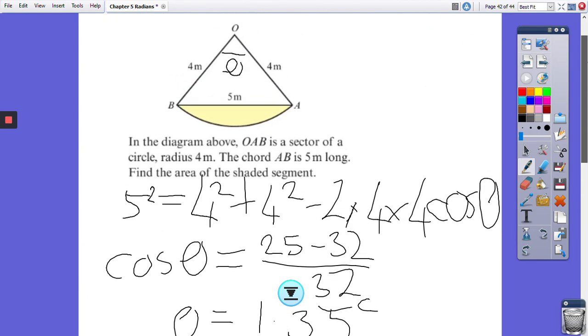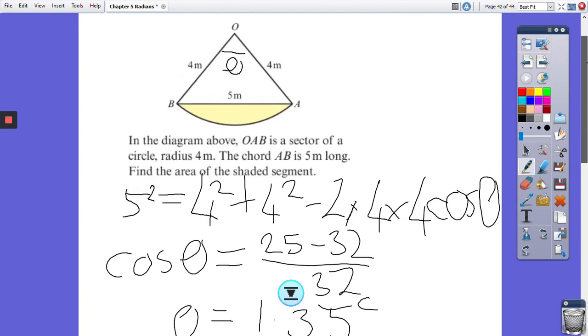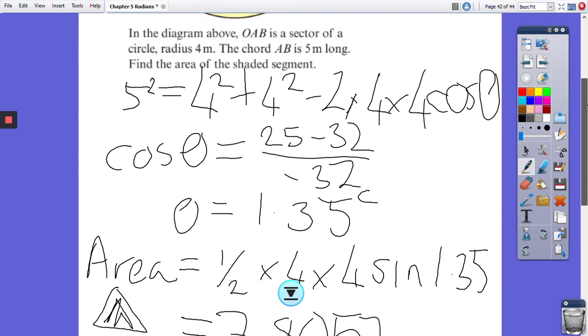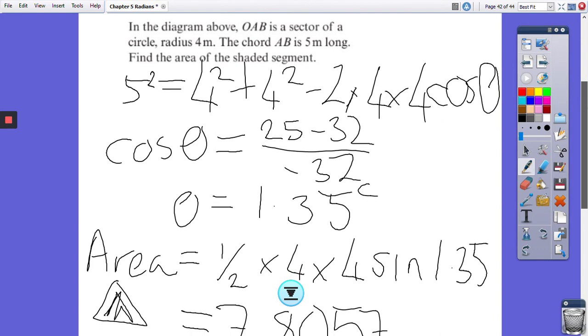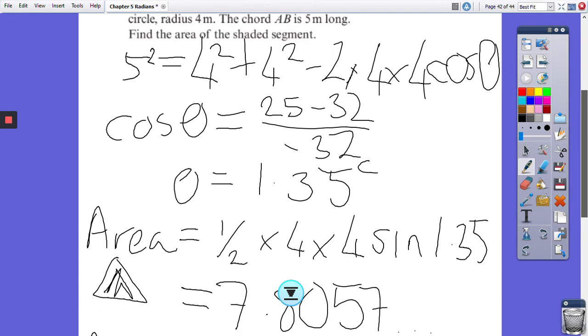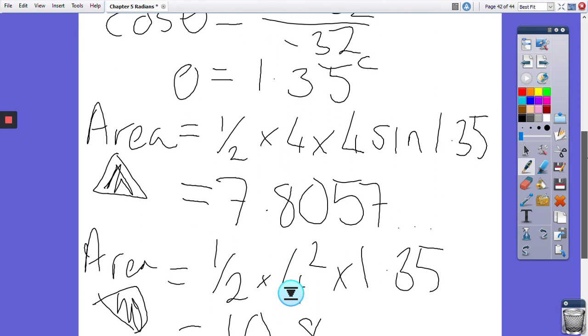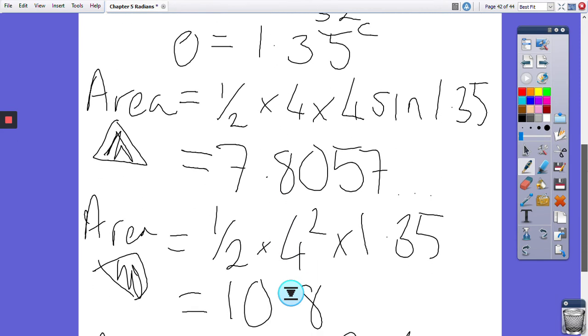So let me just run through this problem once more. To work out the angle at the centre, which we're going to need if we're going to work out the area of a segment, we use the cosine rule. Then we work out the area of a triangle now that we've got the angle, and we use a half AB sine C, and we get that. Then we work out the area of a sector, which is a half r squared theta, and we get that.